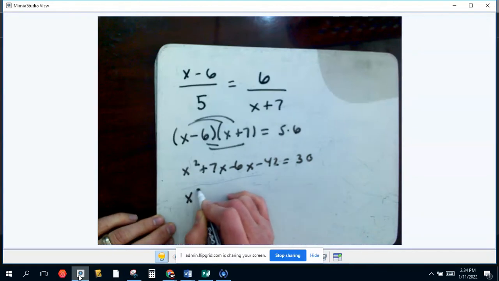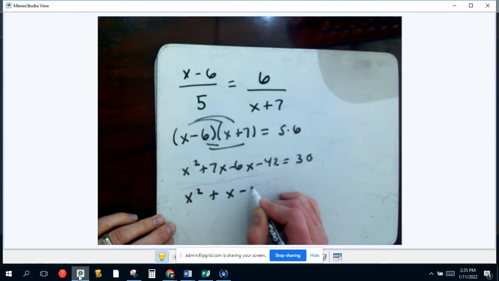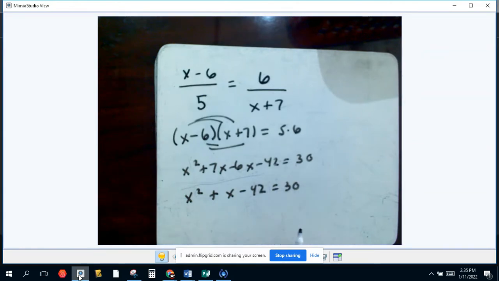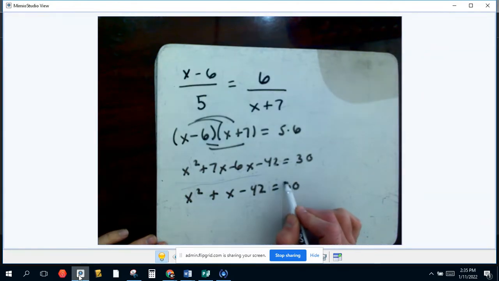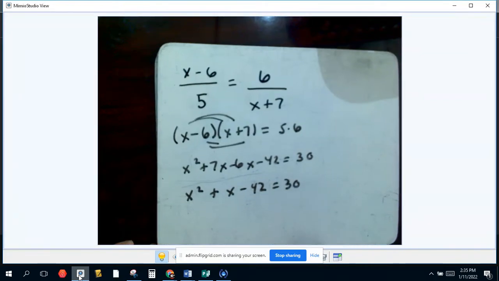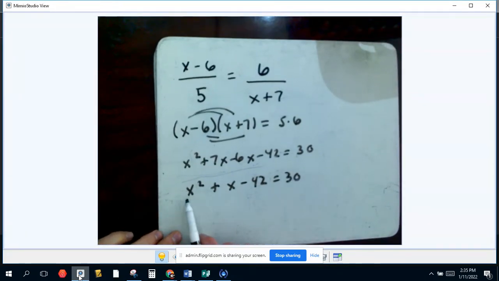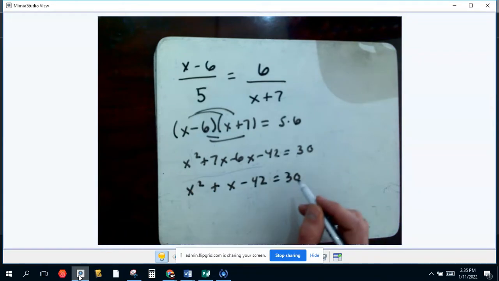And remember, when we have a quadratic equation, you want to get everything to one side generally. We can't isolate x squared because x would be in the way. So it would be best just to bring this 30 over.